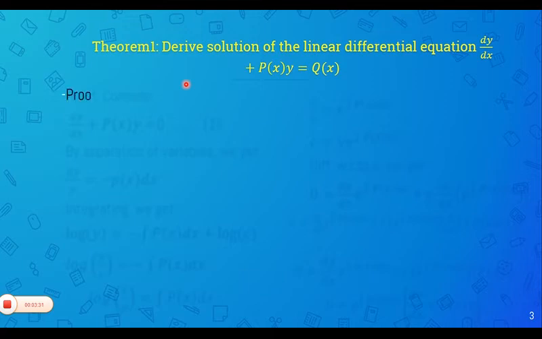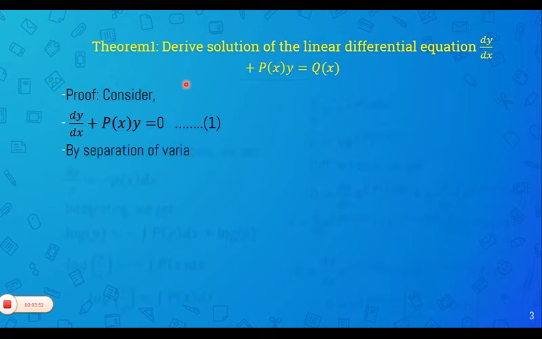For this purpose, we consider dy by dx plus p into y is equal to 0, and let me call this expression equation number 1. So now we will use the method of separation of variables. Using the method of separation of variables, we get dy by y is equal to minus p dx.